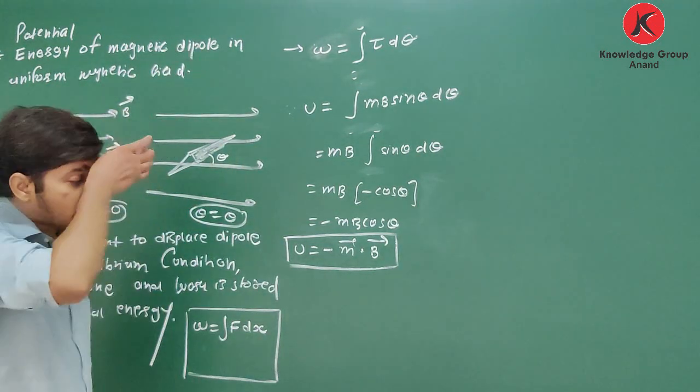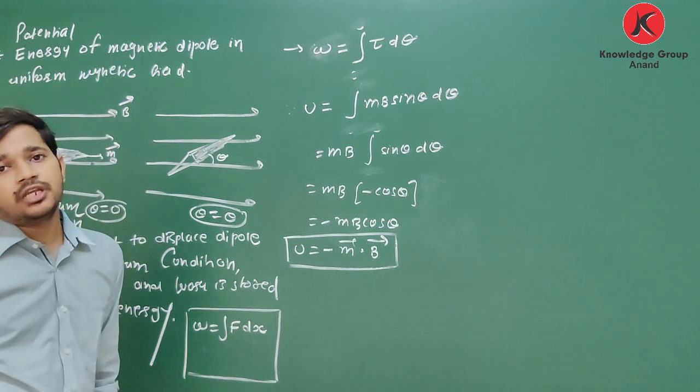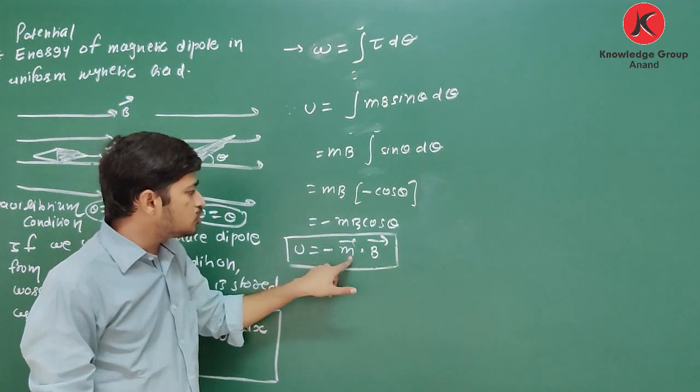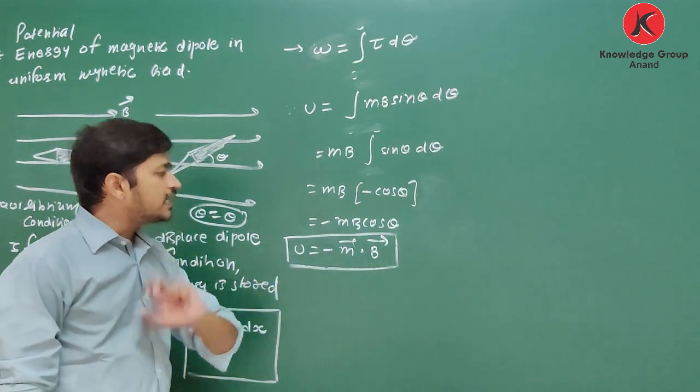What is the equation of potential energy? U is equal to minus P dot E. So yes, it is one general equation: U is equal to minus M dot B.